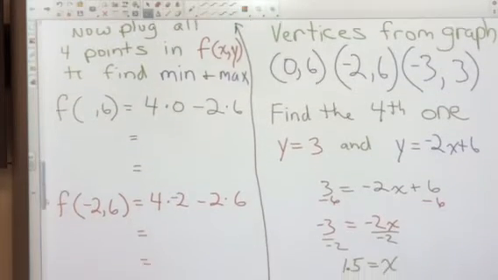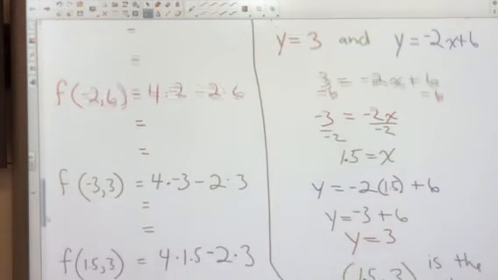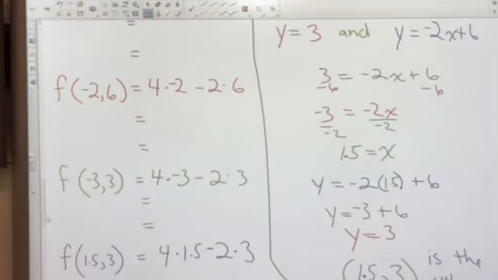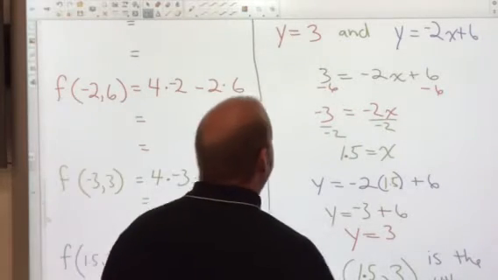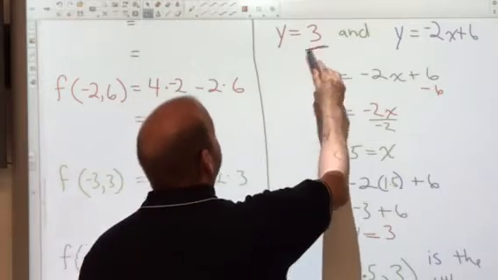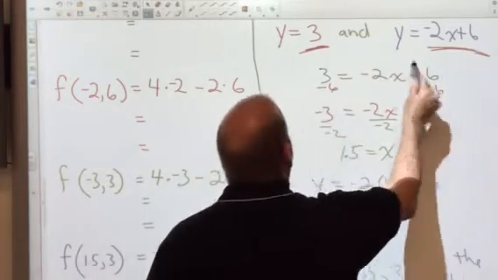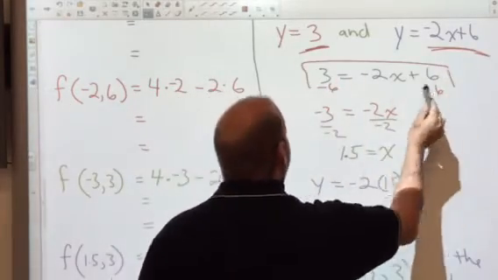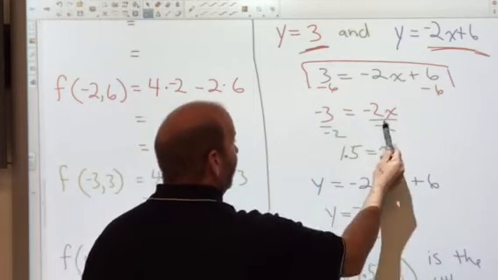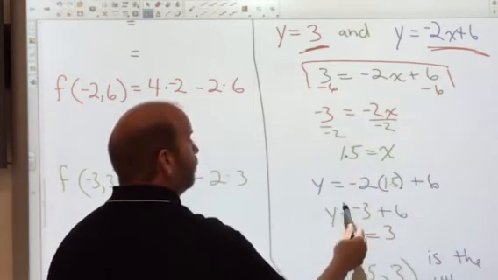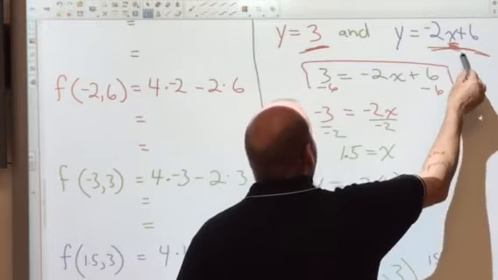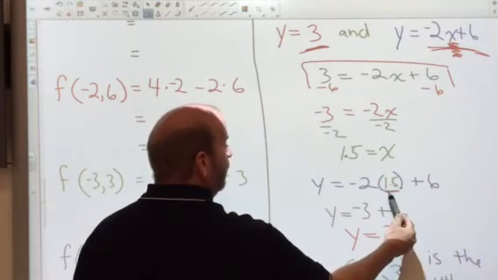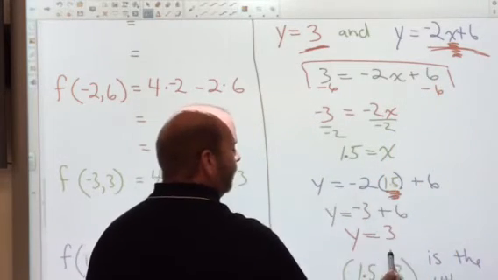find the 4th point. So I took those 2 lines, the equations of them, and solved them as a system of equations. We don't need another example fully done out of that, but this equal to this here, and subtract 6 from both sides, divide both sides by negative 2, x is 1.5, then I went back to this equation here because it has an x variable, and plugged in the 1.5 and got 3.